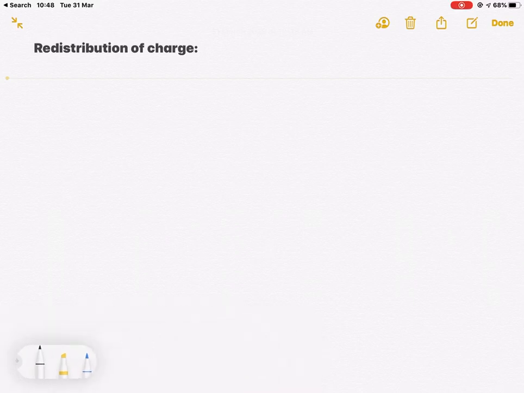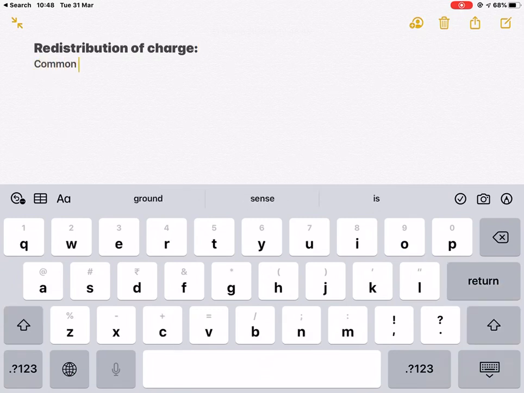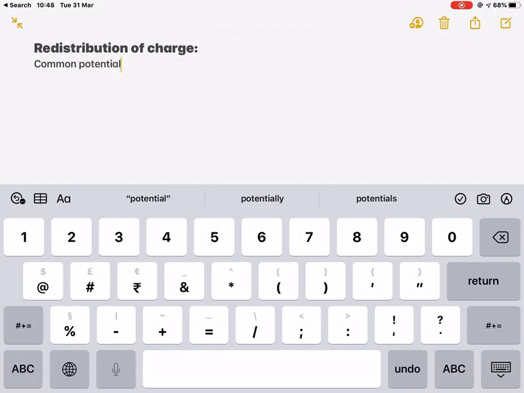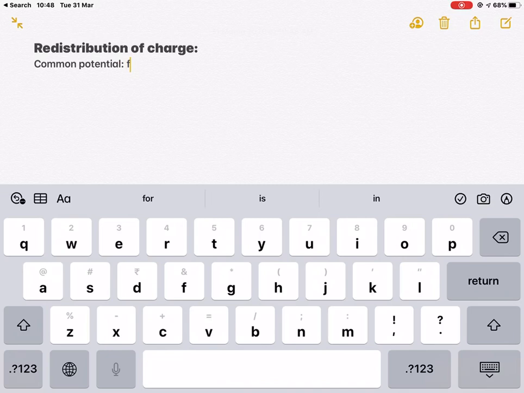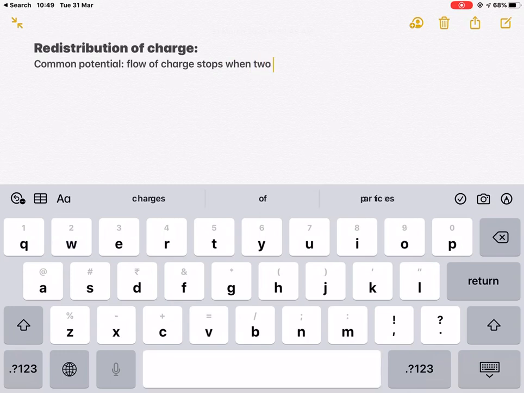So we will write common potential. Flow of charge stops when two conductors attain same potential.